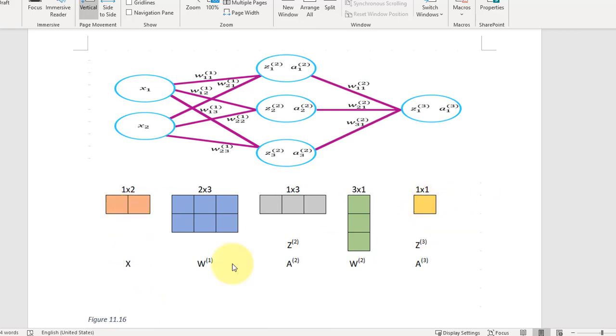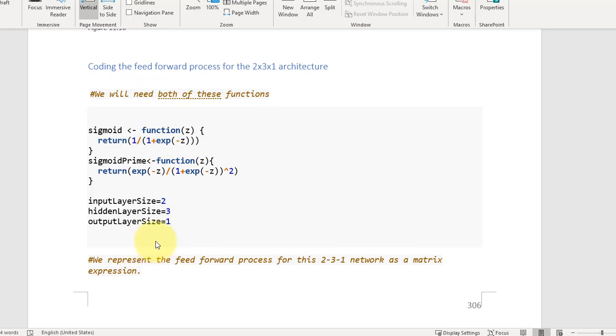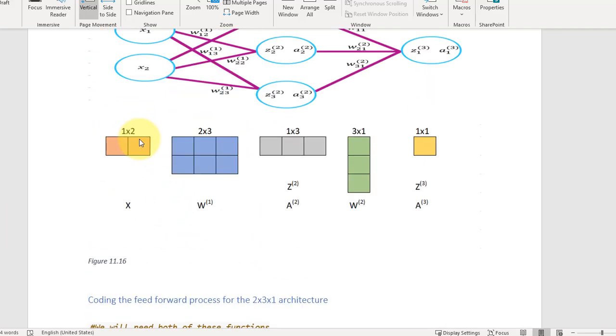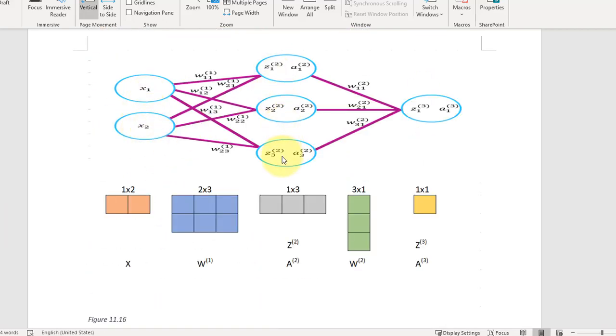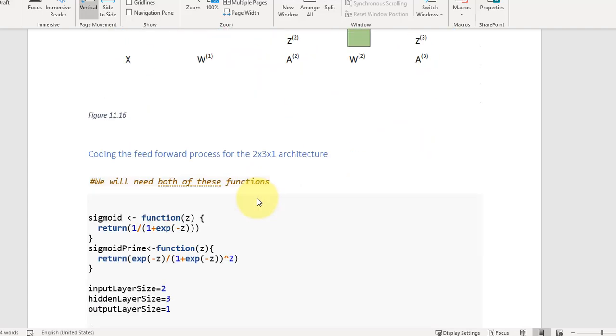And we're going to allow for a little bit of flexibility, so we're going to create variables called input layer size, hidden layer size, and output layer size. And we're going to set them to 2, 3, 1. Input layer size is 2. This layer size is 3. What did I call that? Hidden layer size. And this one is 1.